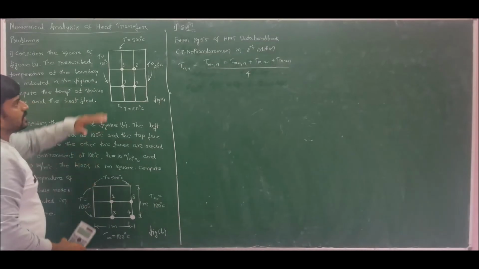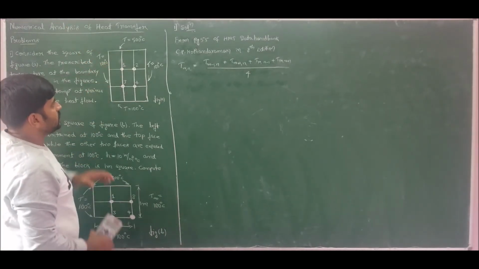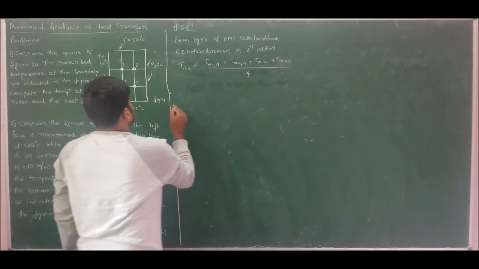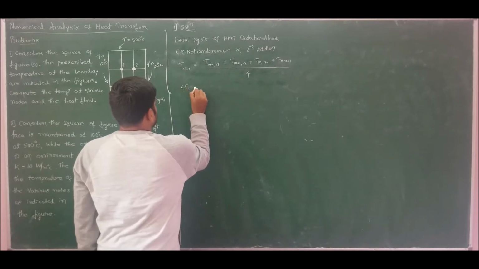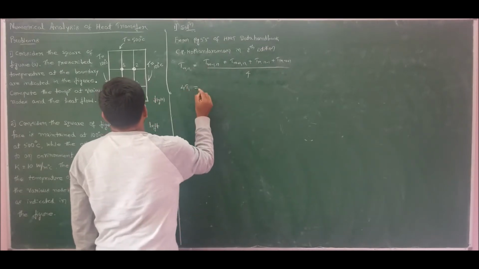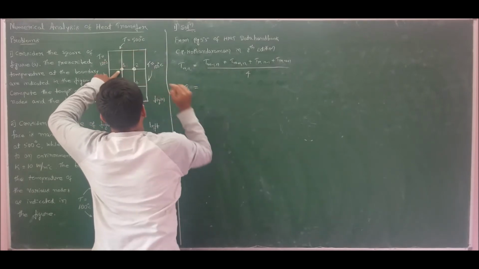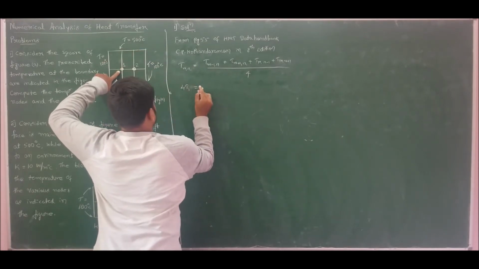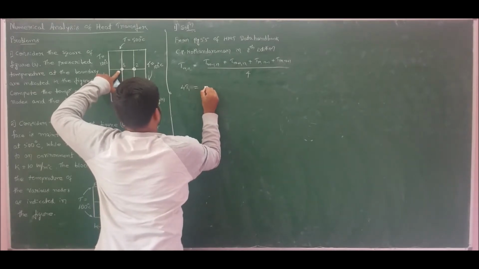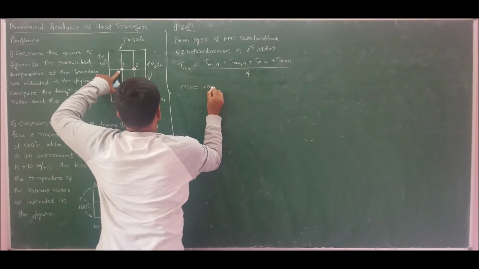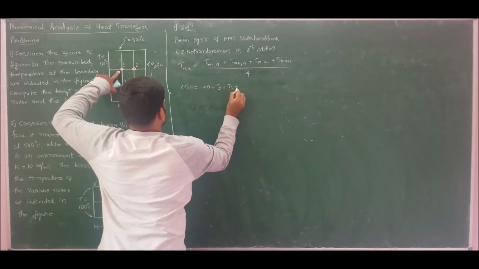This is the expression for temperature for an interior node. Using this, I can write for T1: 4 T1 is equal to, for T1 we have nodes 2, 3, 500 and 100. Therefore 4 T1 is equal to 100 plus T2 plus T3 plus 500.